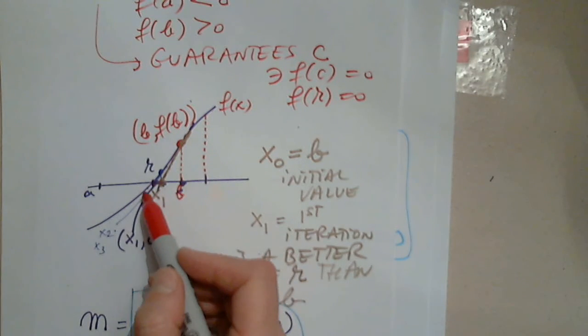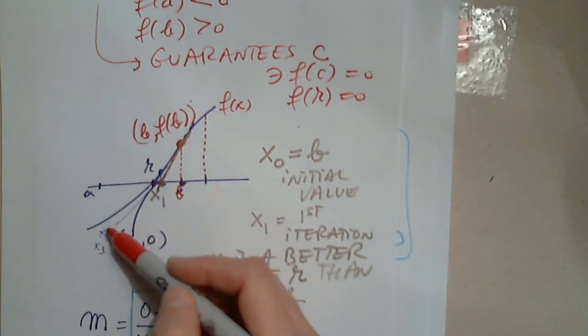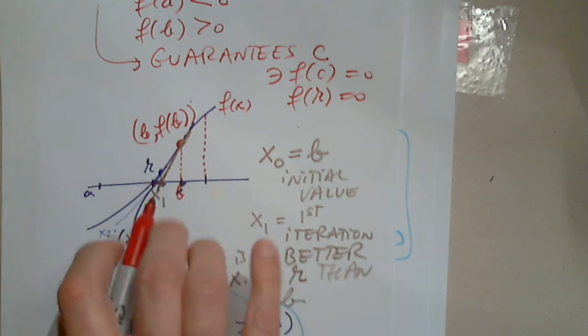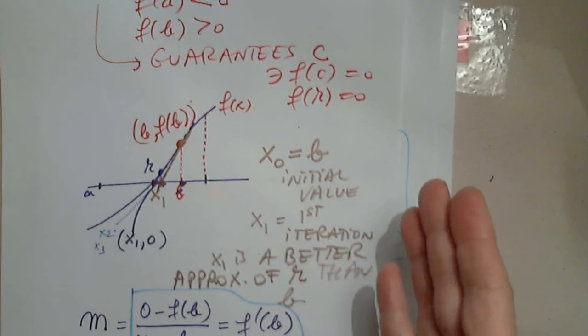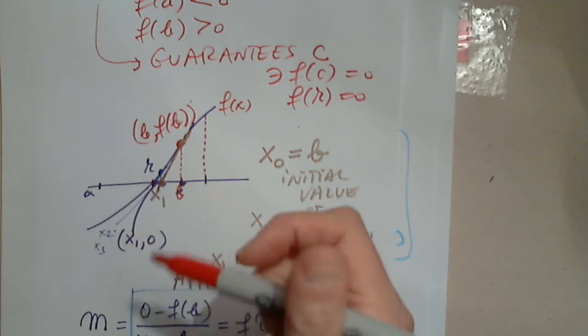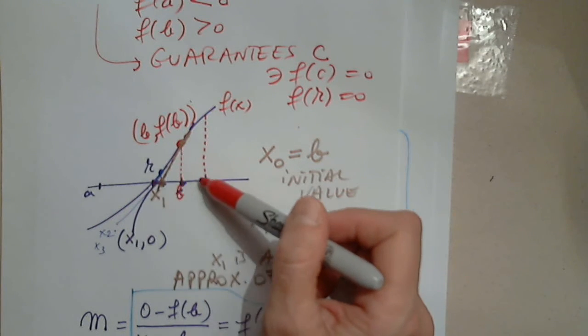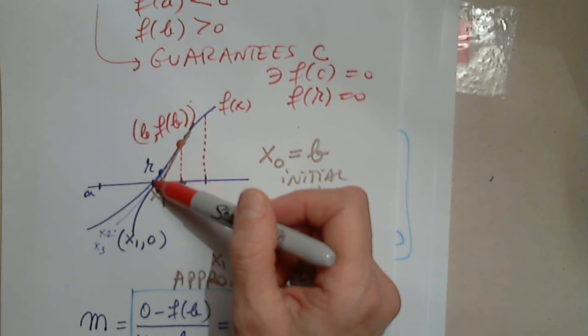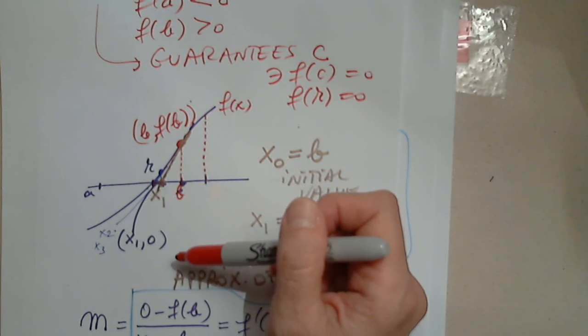You may get in trouble in the sense that initially you may go away from the root instead of getting closer and closer, and if there is a max or a min between the starting point and the root, the method will not converge.